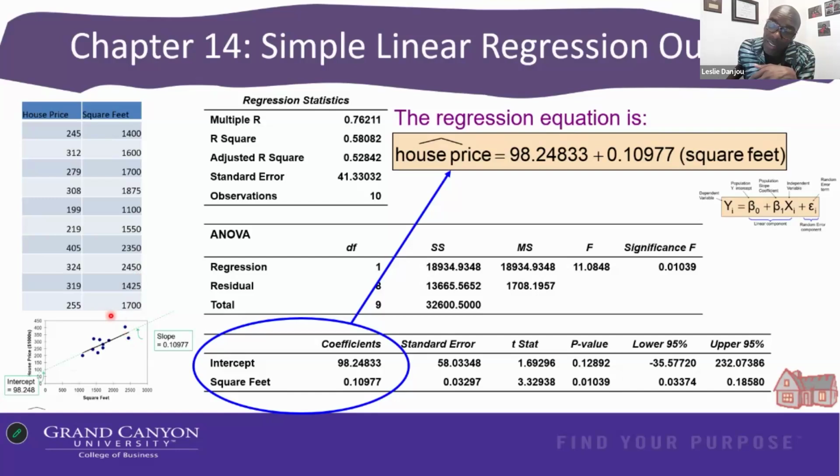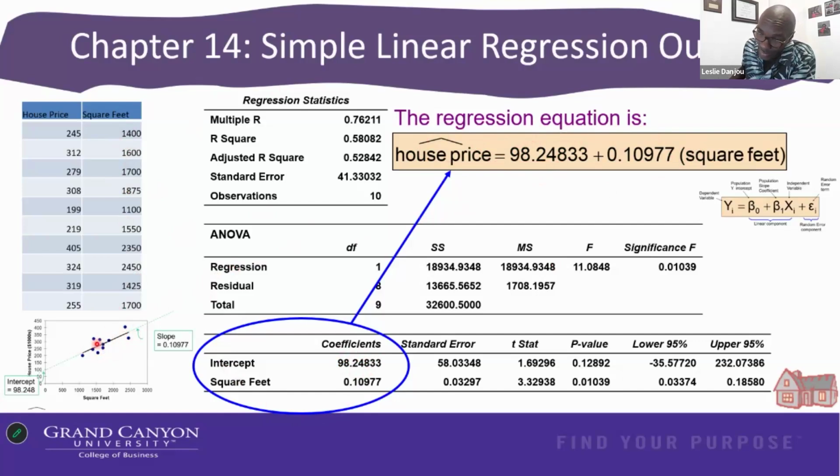We can make a prediction of any house price once we have a square footage and we're using the y is equal to mx plus b formula. The way it works is we can actually put it into a regression analysis and get our results. This first answer on the coefficient is your B0, where that thing hits the y-intercept.